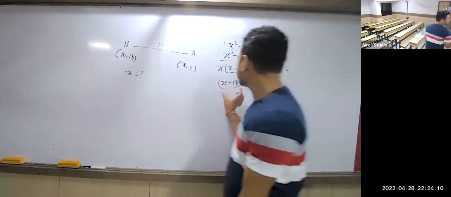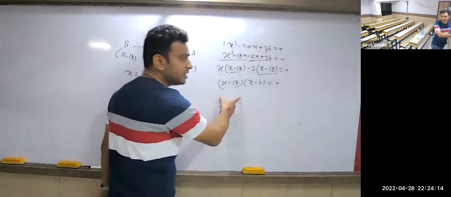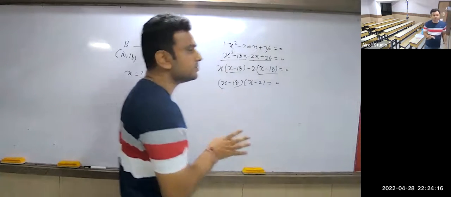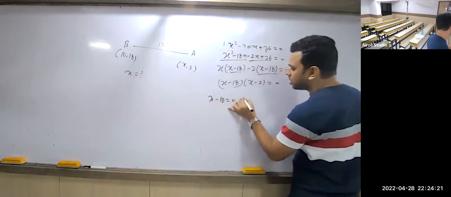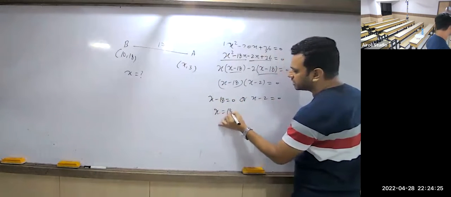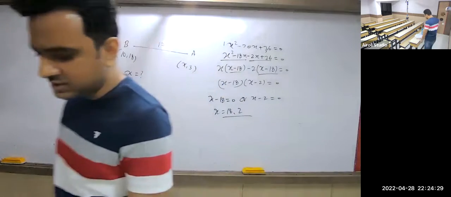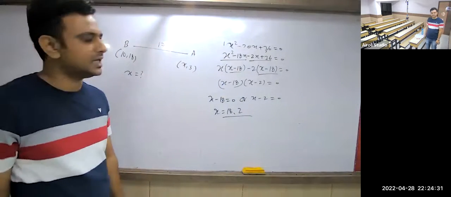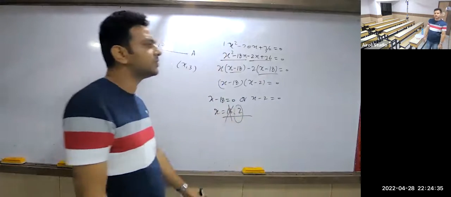Product of two numbers is 0 only possible when one or both numbers are equal to 0. So x minus 18 equals to 0 or x minus 2 equals to 0. In this case, I am getting 18, and in this case, I am getting 2. Check the options. Options are 2, 7, 8, and 10. 18 is not in the options, so x equals to 2 will be your answer.